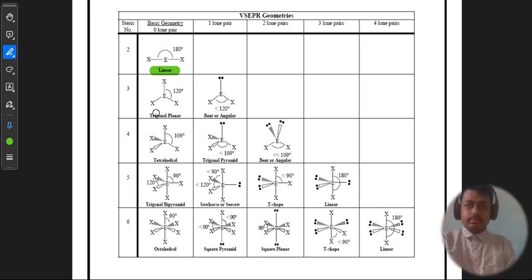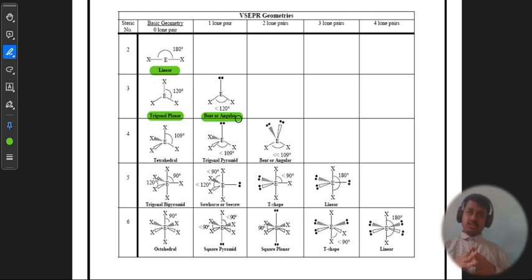Here is the trigonal planar and bent or angular. These geometries are very important to remember beforehand, because in the exam we will be given a molecule and asked to predict its shape. So we need to know this chart very well.